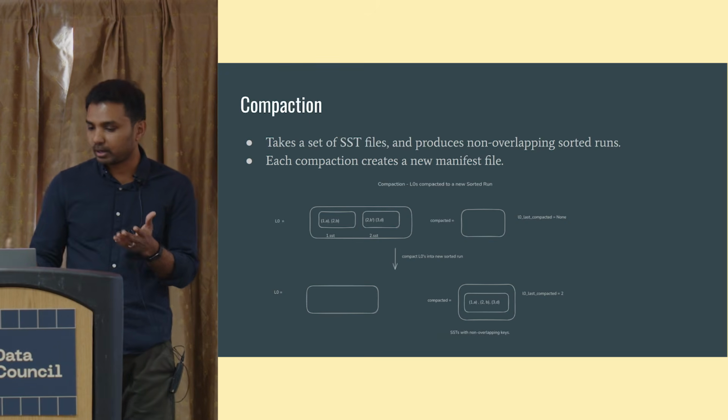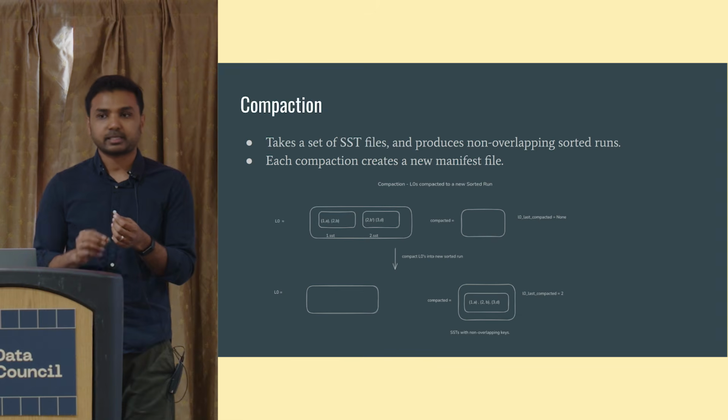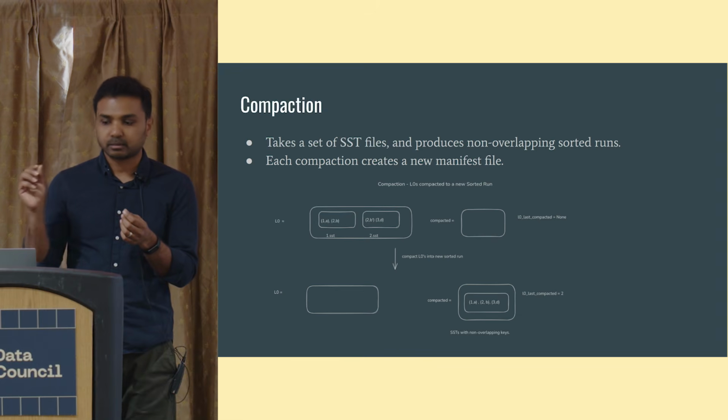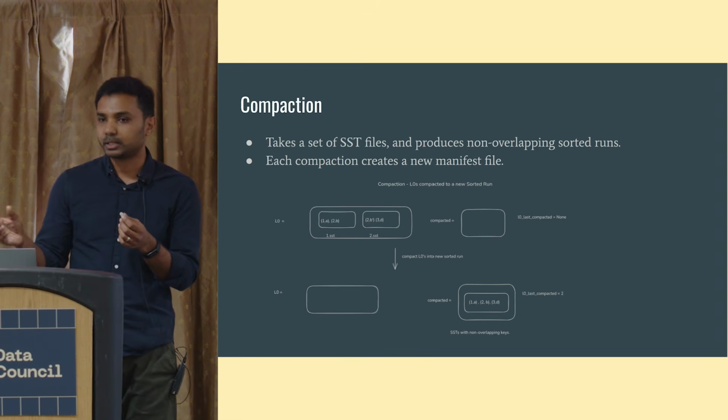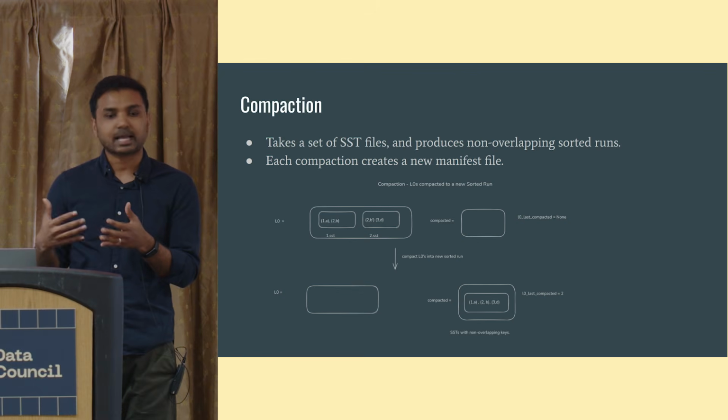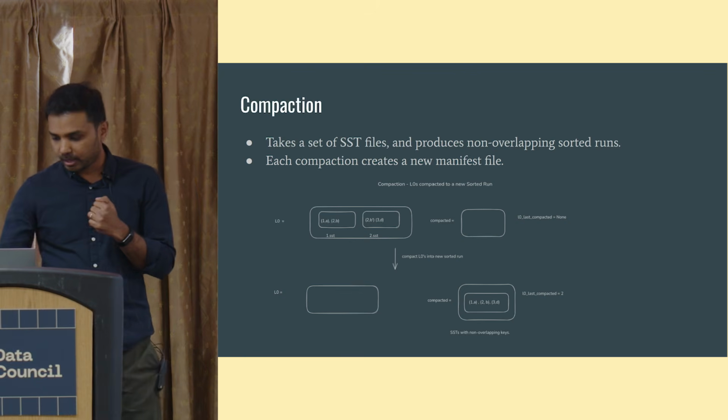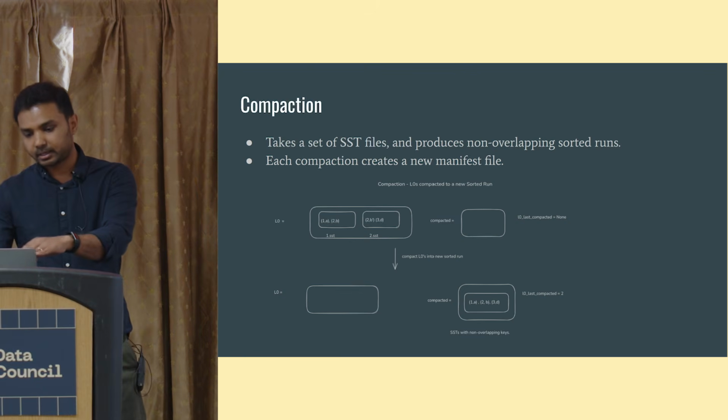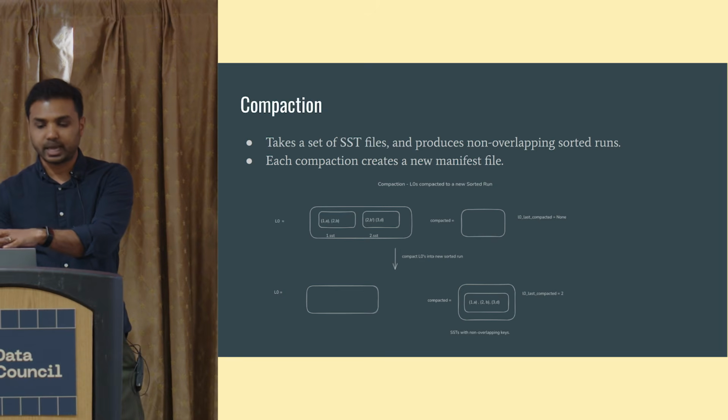So step one of compaction is take the small files and create a bigger SST file. Step two is create a new manifest that has the updated state of the database. So what we are looking at here, first step, there were two SSTs, compacted is empty.